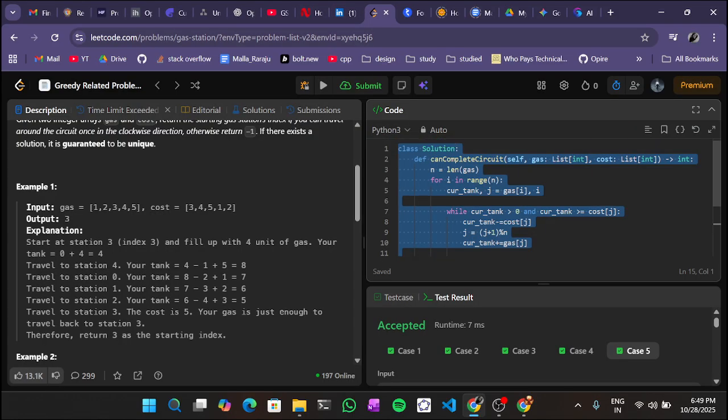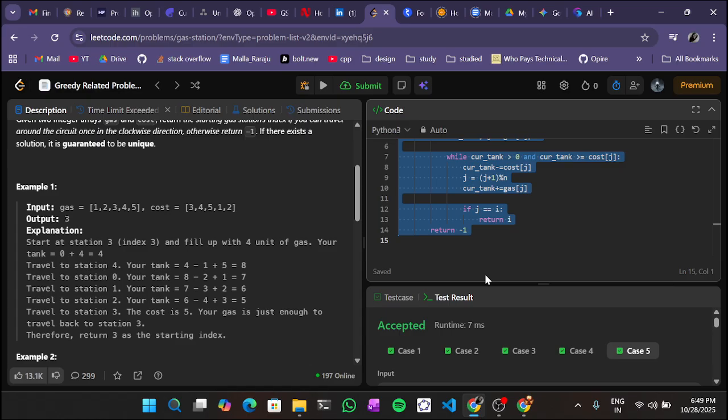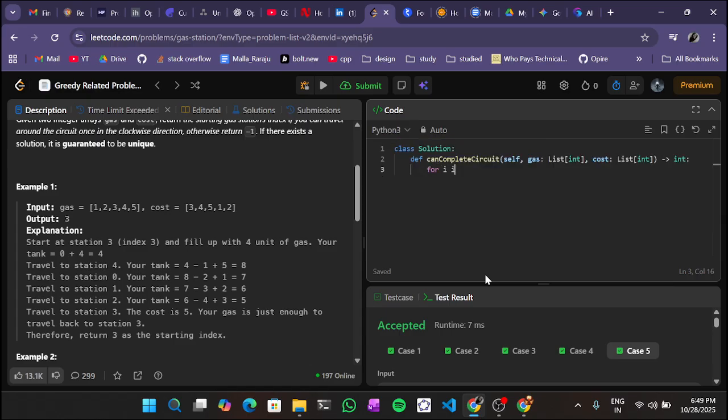Let's try this one now. So for a range of length of gas. Before that, current gas, total and start position equal to 0, 0 and 0 respectively.